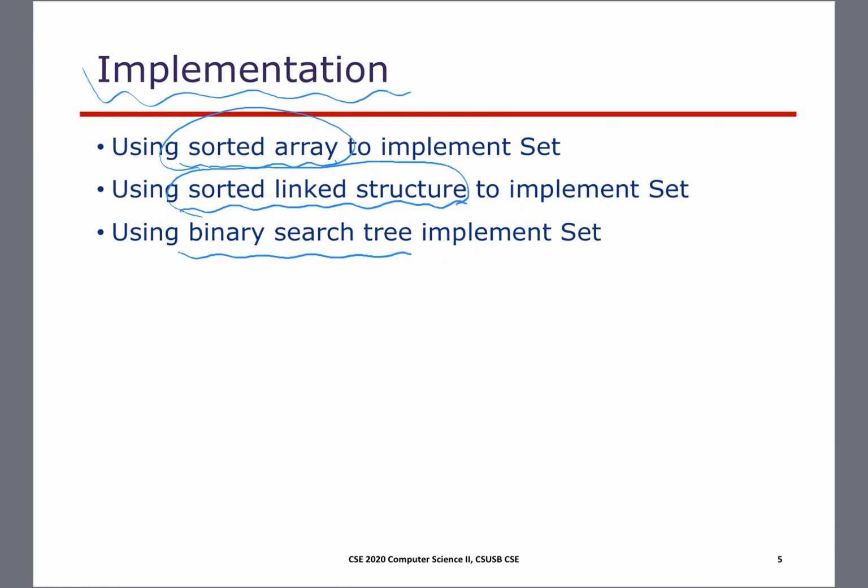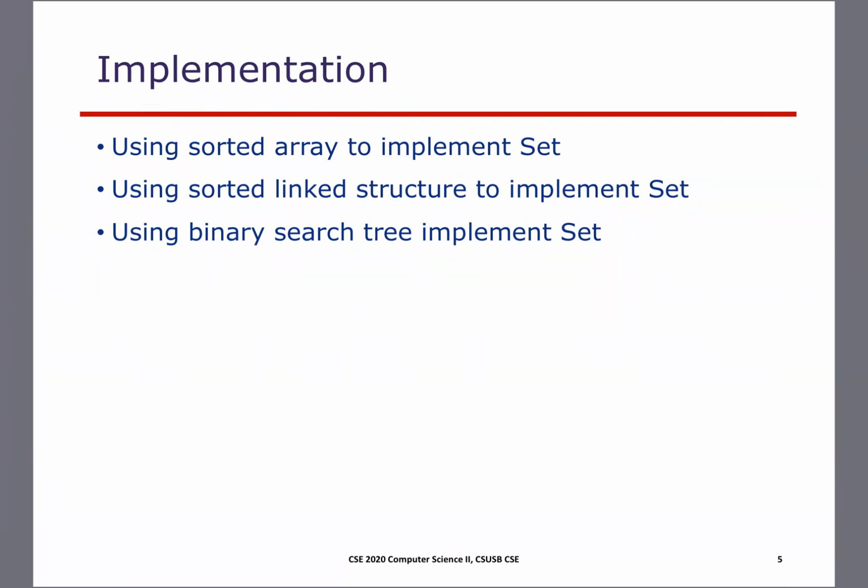Okay, now we will take a look at these three implementations and compare the time complexity of find, insert, and remove based on different implementations. In this video, we will talk about these two, using a sorted array and a sorted linked structure to implement the set abstract data type.